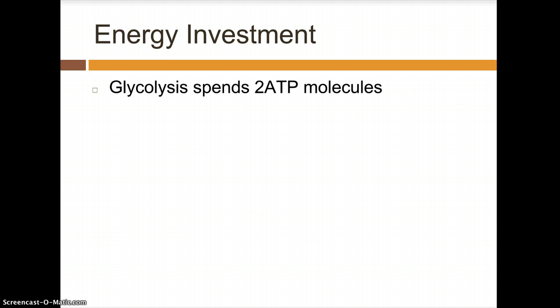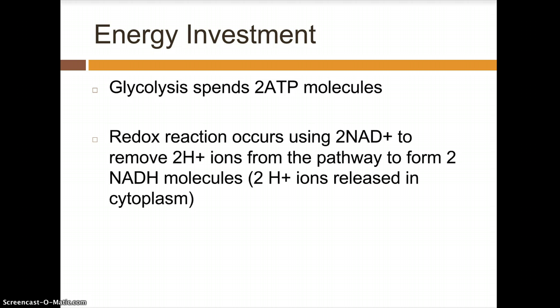So energy investment. This is the first phase that we're going to look at in terms of glycolysis. Glycolysis spends 2 ATP molecules. In other words, energy is invested into the glycolysis process. A redox reaction occurs using 2 NAD positive molecules to take away 2 hydrogen ions from the pathway to form 2 NADH molecules.